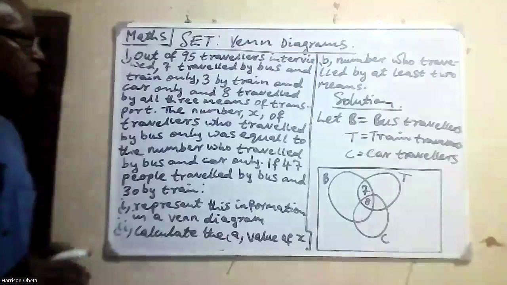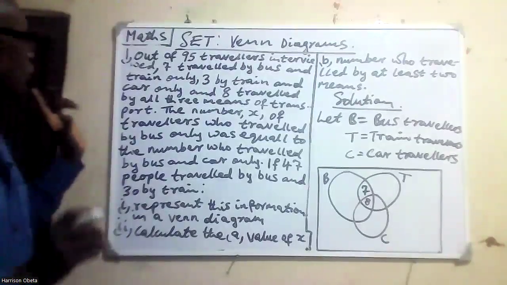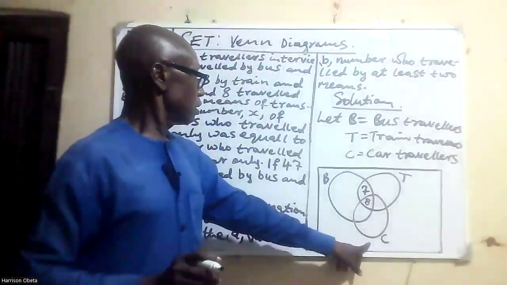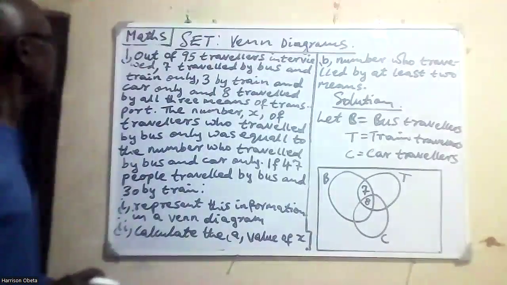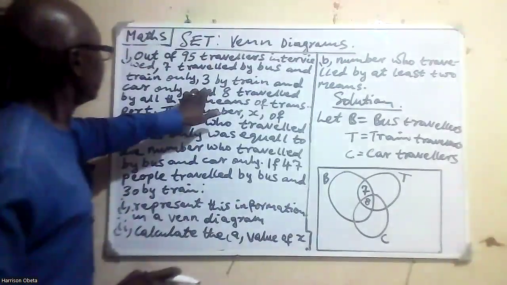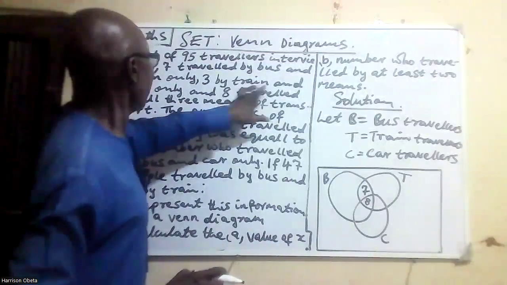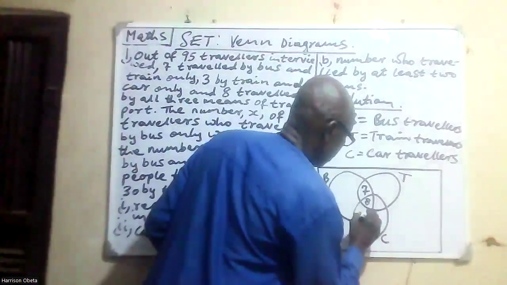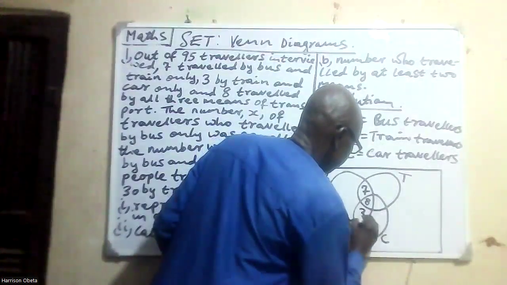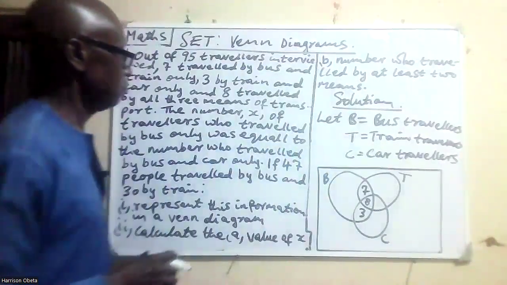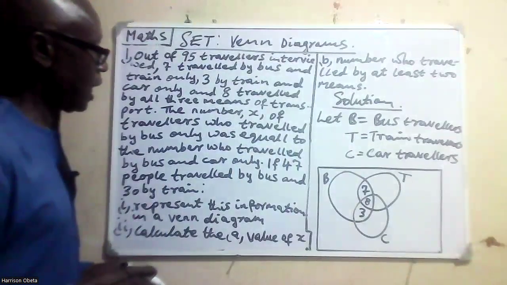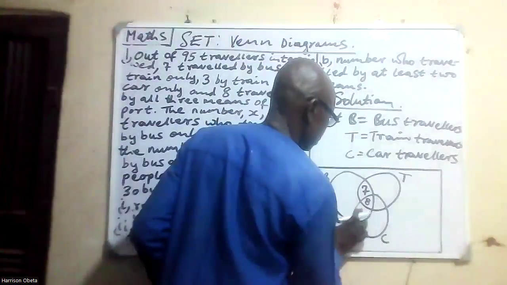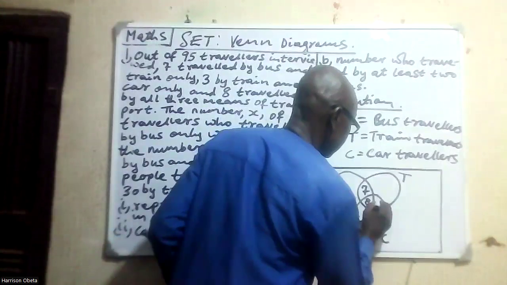This only means that they did not have any connection with a car. And then we were also told that 3 traveled by train and car only. Train and car only. So we have 3 here. No, it's not correct. Train and car should be here.